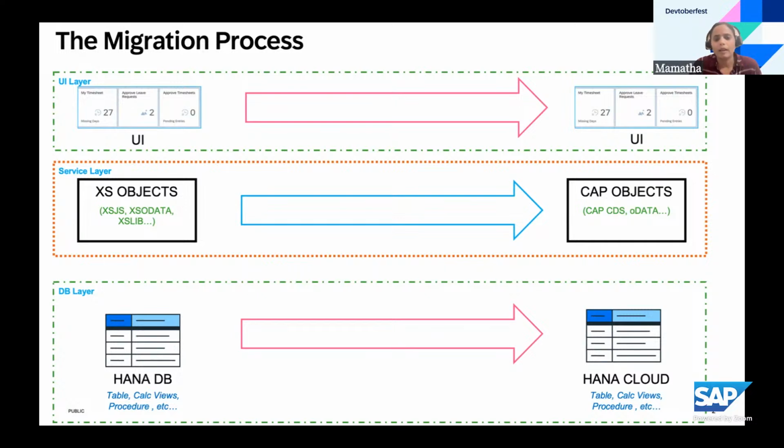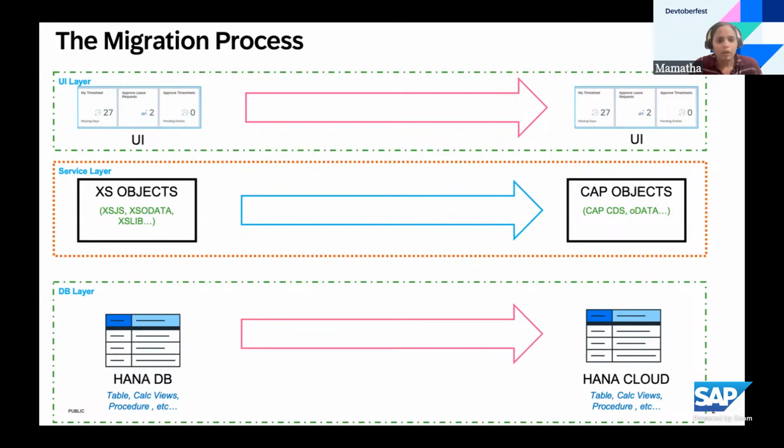Here the migration would take a lot of effort, because we are talking about two different application programming models. In case of the classical XS application, we talk about the XS programming model. In case of CAP, it is the Cloud Application Programming model. Though we say it is a migration, in some cases we need to rewrite code entirely.